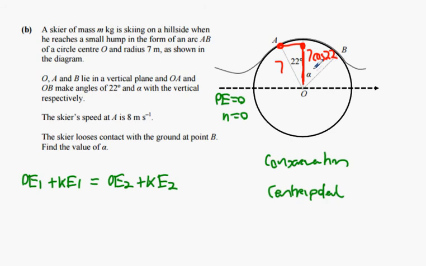Everybody right with that? So that's your height above ground. So your potential energy at the start is mgh, but in my case it's going to be mg 7 cos 22. Is that alright? Now, plus your kinetic energy at the start, a half mv squared. What's v squared at the beginning?